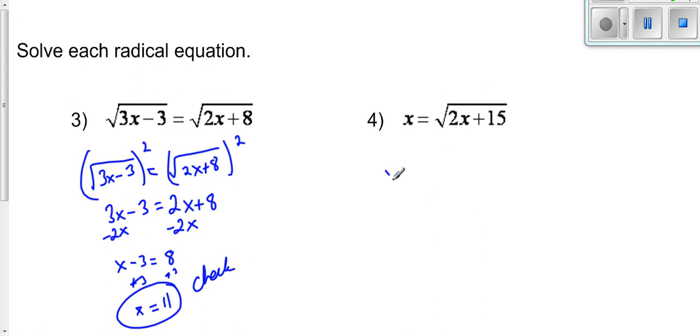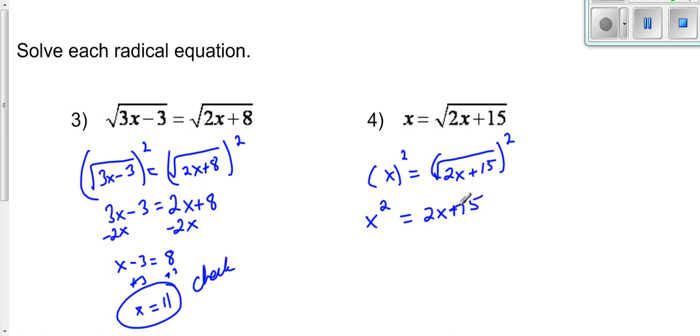Number 4 is also a situation where, since the radical is by itself on one side of the equal sign, we can square both sides. Square root and squared are inverse operations, so we get 2x plus 15. Now we have a quadratic equation. We spent a lot of time solving quadratics in different ways in chapters 9 and 10.